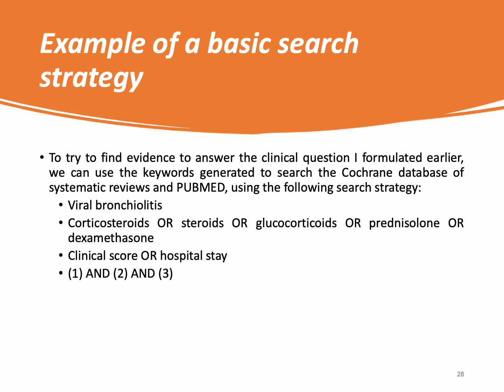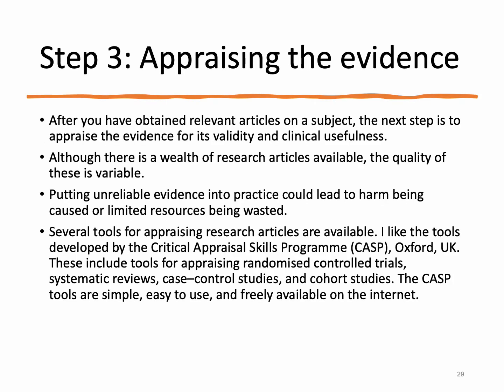We can use the keywords generated to search the Cochrane database of systematic reviews and PubMed using the following search strategy: viral bronchiolitis, corticosteroid or steroid or glucocorticoid or dexamethasone or prednisolone, clinical scores or hospital stay, 1 and 2 and 3. All of them can be used for searching strategies.